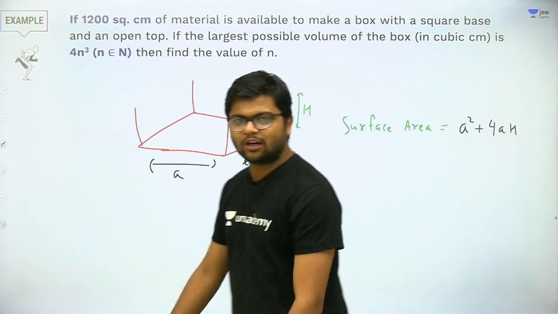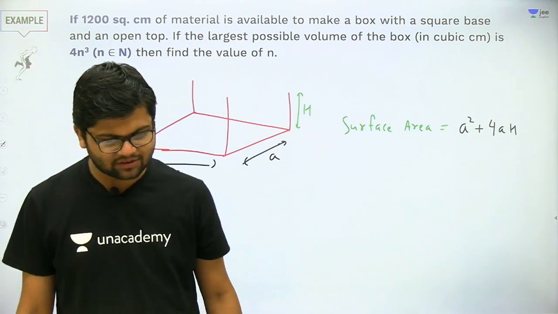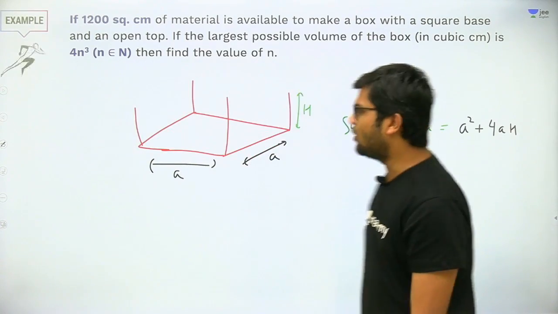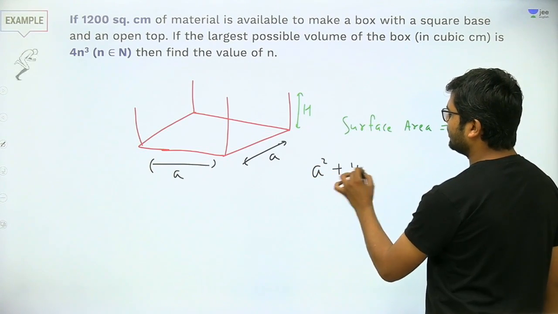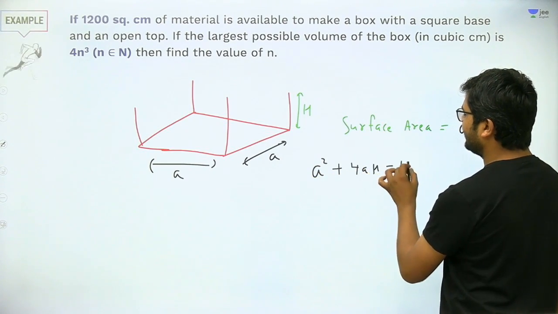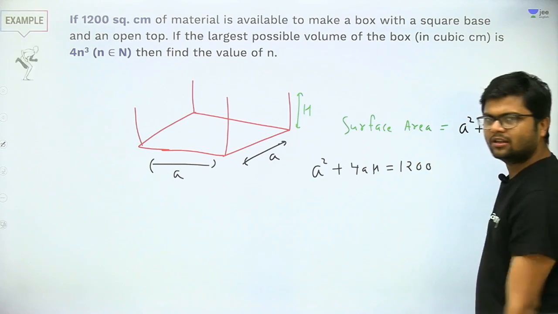Got my point? So a square plus 4ah is the surface area of the box, given as 1200 centimeter square.